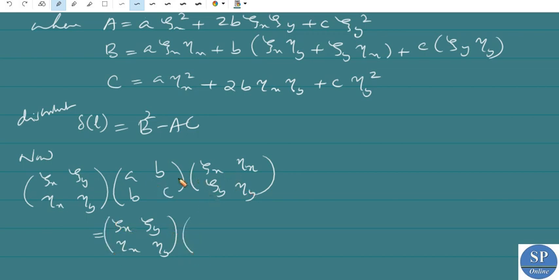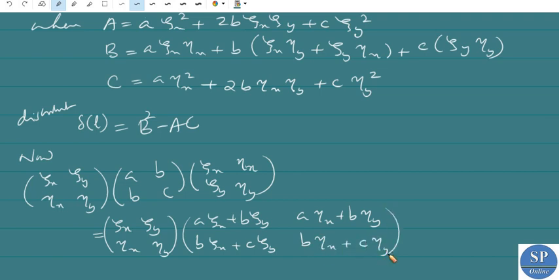Multiplying this we get a ζ_x plus b ζ_y, b ζ_x plus c ζ_y in the first row, and a η_x plus b η_y, b η_x plus c η_y in the second row.